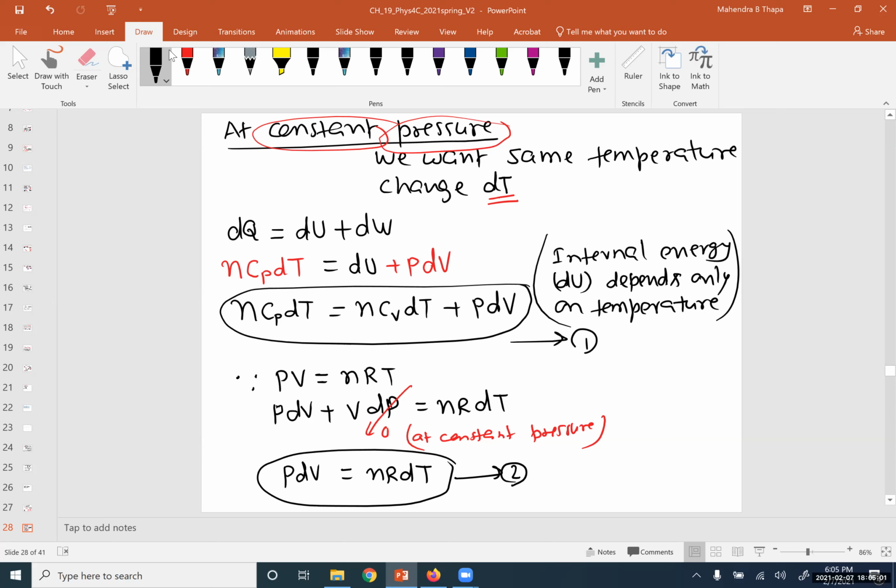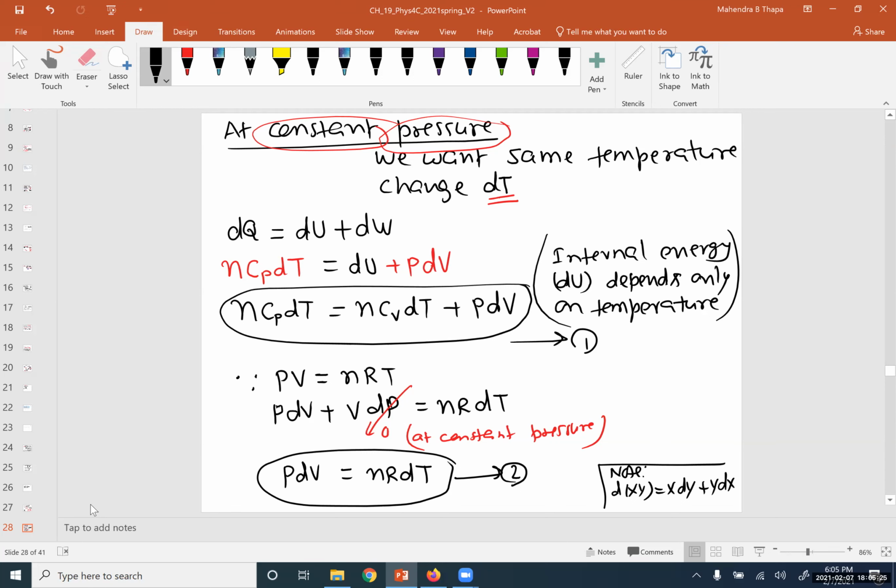I write as a note that in mathematics, if we have d of xy, then we can write x dy plus y dx. The same situation is here at the top. So we can combine equations 1 and 2. Instead of p dV, I can write nR dT.